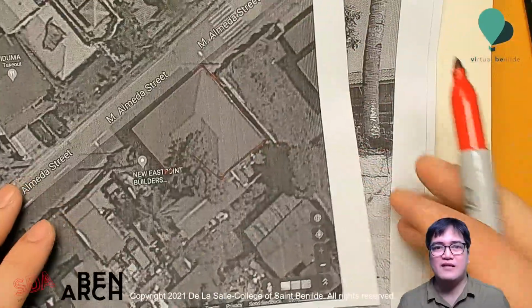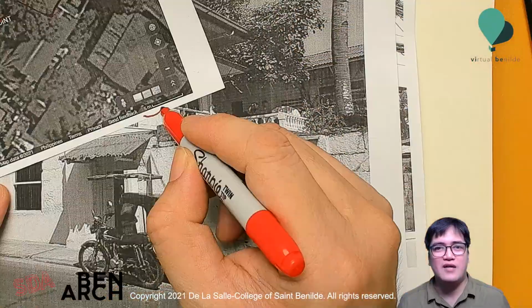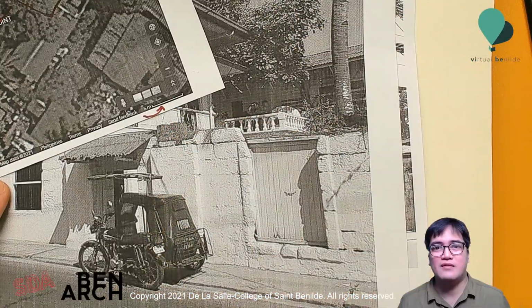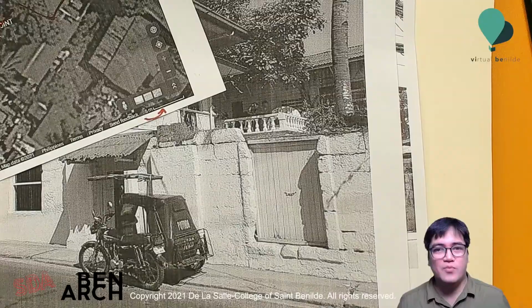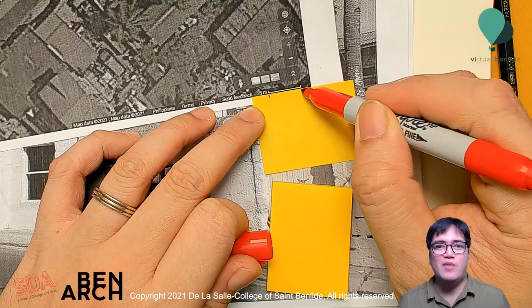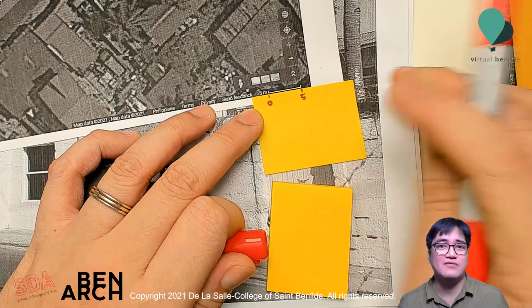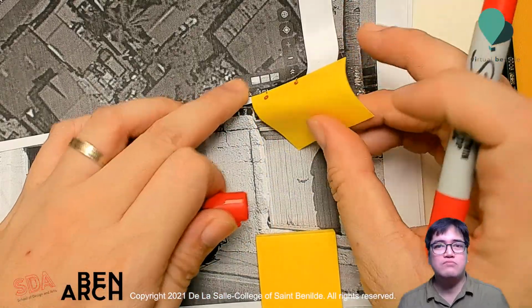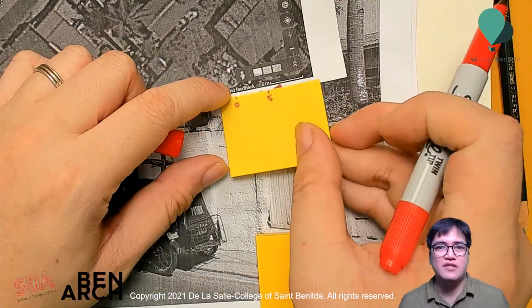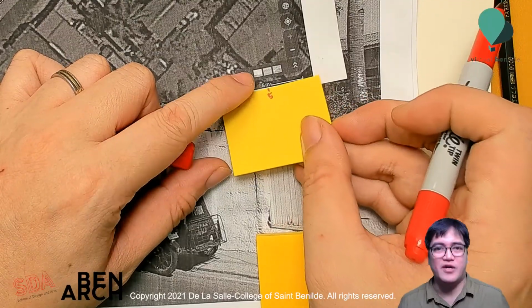In this zoom setting, it shows the Concho House with a scale bar of 5 meters. Make sure that when you print out the image, the scale bar of the Google Map is included. Now, if you don't have access to a printer, you can just use the image on the screen of the computer monitor.